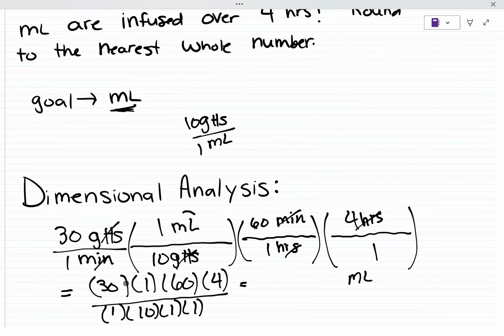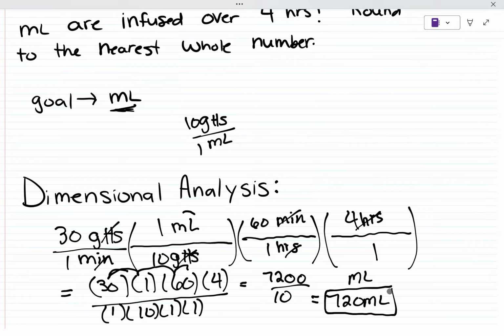What's 30 times 1 times 60 times 4? That is exactly 7,200 with a calculator. On the bottom, 1 times 10 times 1 times 1 is 10. And 7,200 divided by 10 is 720 milliliters. It says round to the nearest whole number, so we are good. We don't have to round anymore.